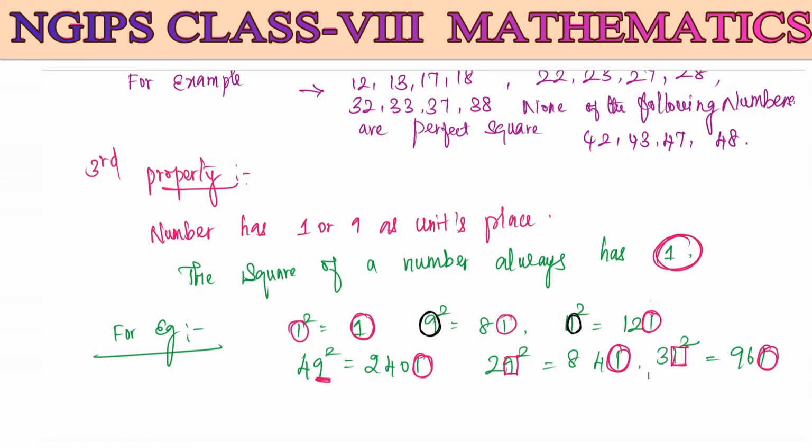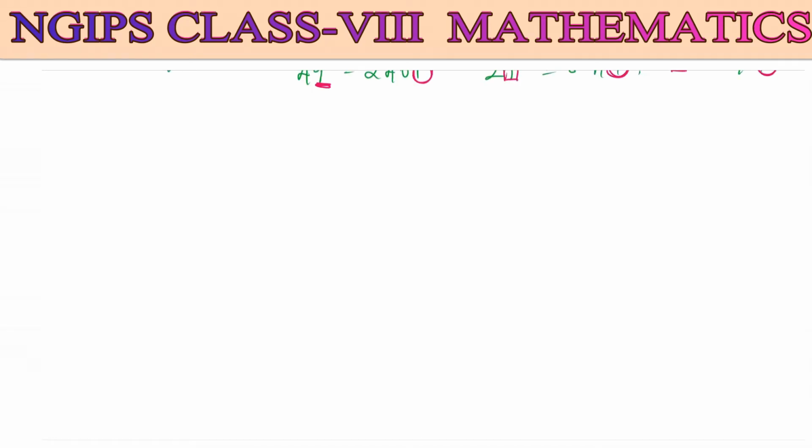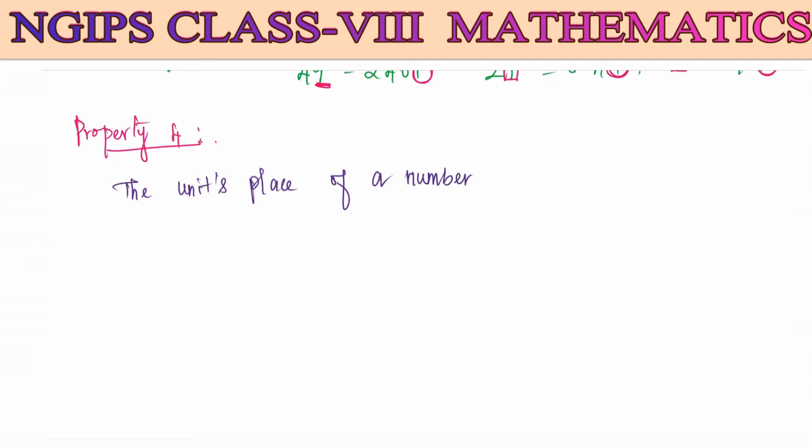Okay, we'll move to the next property. Property 4: if the units place of a number is 4 or 6, what are we going to get as the unit digit of the square?